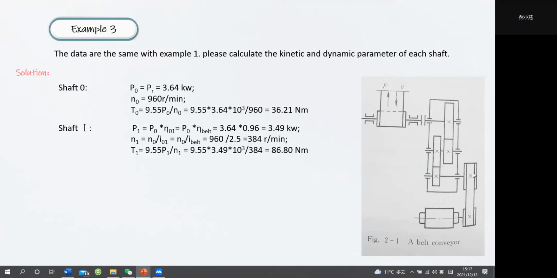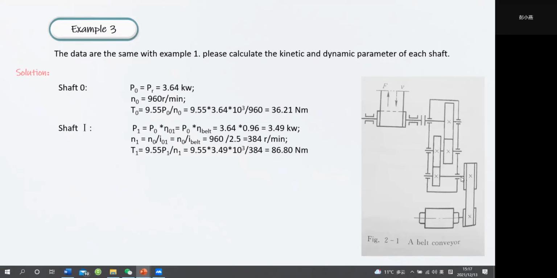We choose the speed ratio of belt as 2.5, and the rotating speed of the motor shaft is 916.